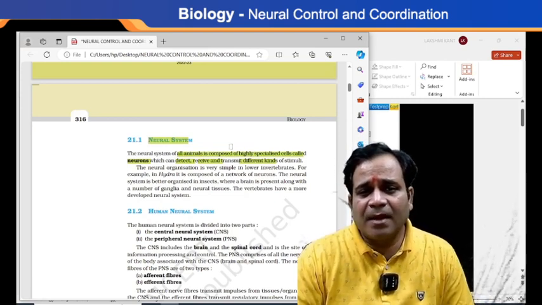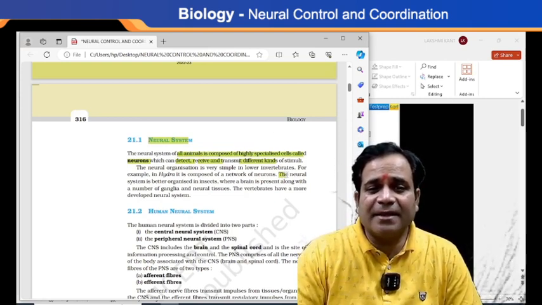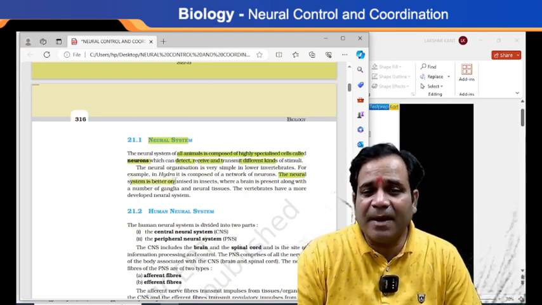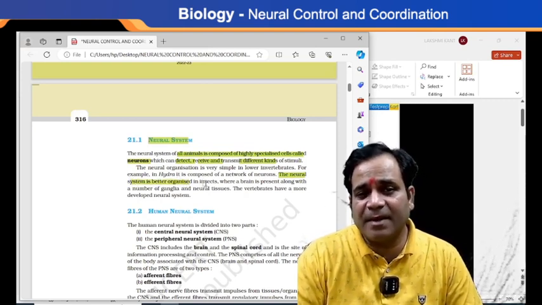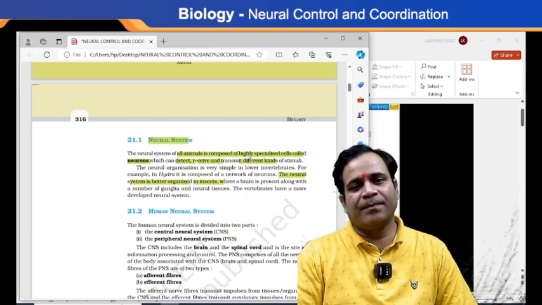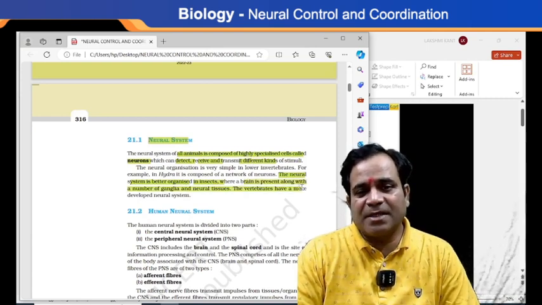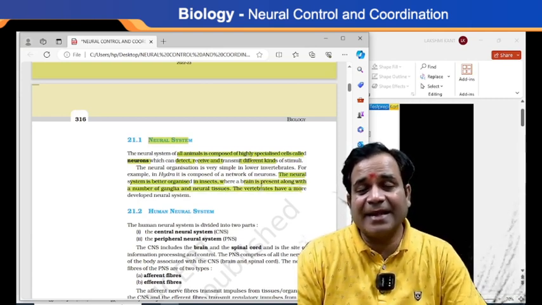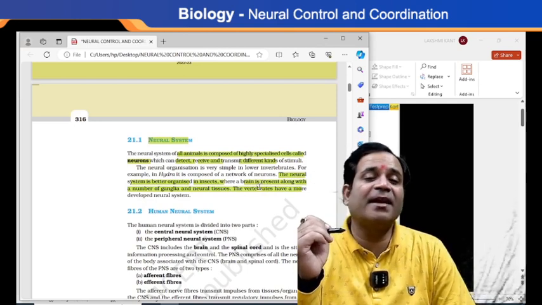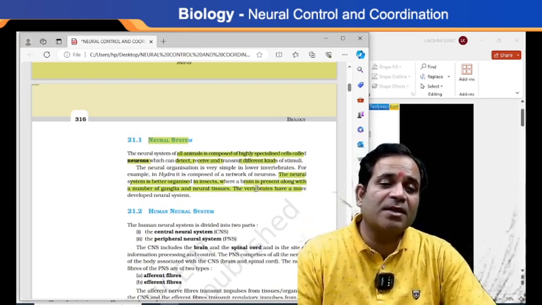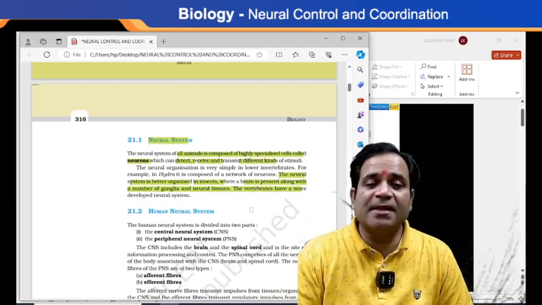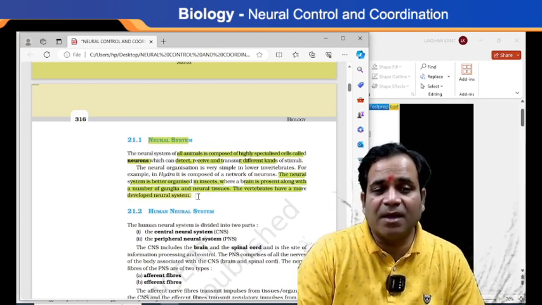Yes or no? Now the second thing that is important: the neural system is better organized in insects, where a brain is present along with a number of ganglia. The vertebrates have a more developed neural system.